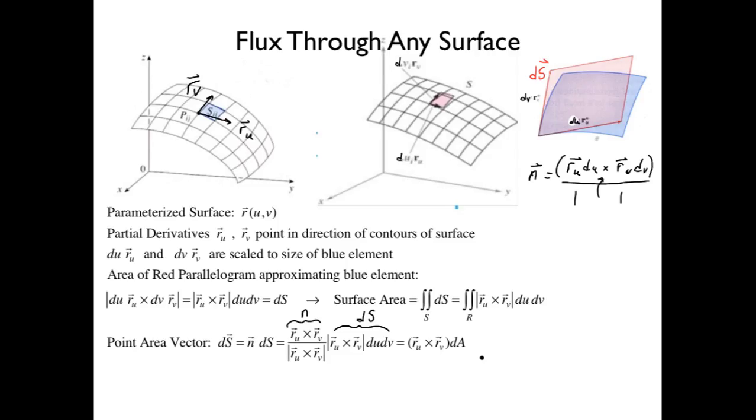What's the dS vector? That's the point or the element area vector, right? Say element. Little parallelogram, right? A teeny little parallelogram that has both the magnitude of the area of that parallelogram and the direction is orthogonal to that parallelogram, and so orthogonal to the surface.